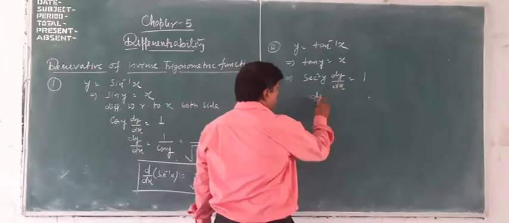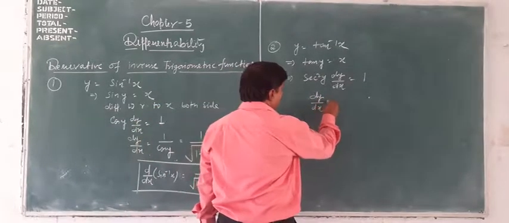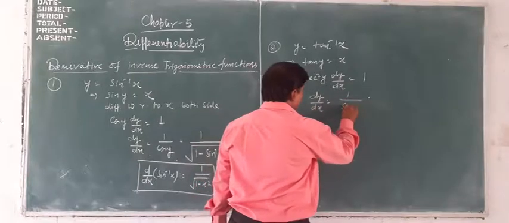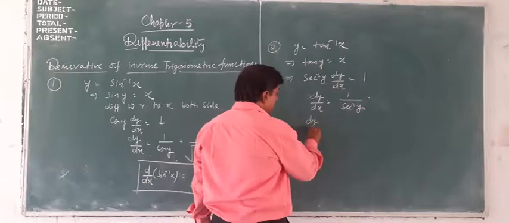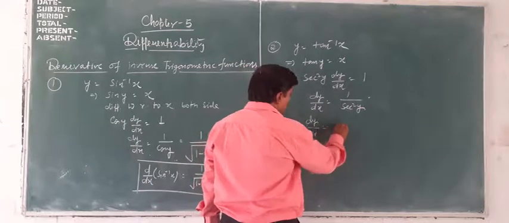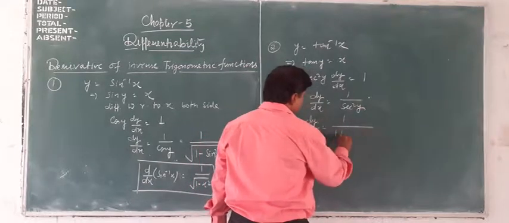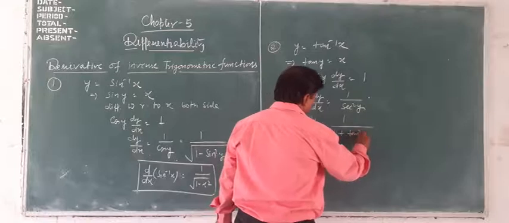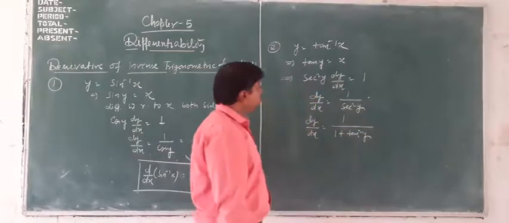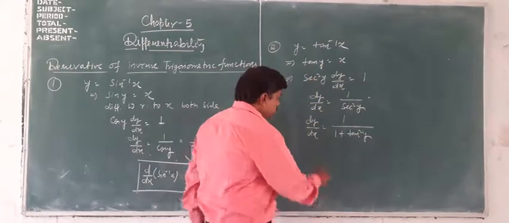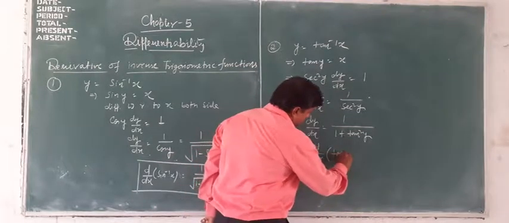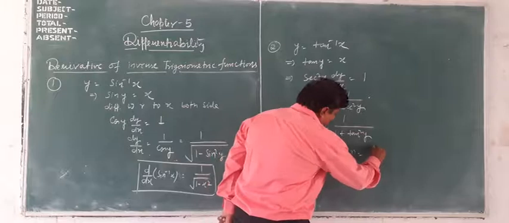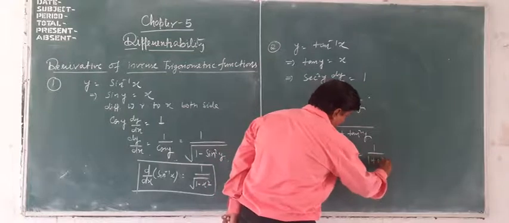So dy by dx equals 1 by sec square y, and sec square y is 1 plus tan square y, and tan y is x. So the derivative of tan inverse x equals 1 by 1 plus x square.